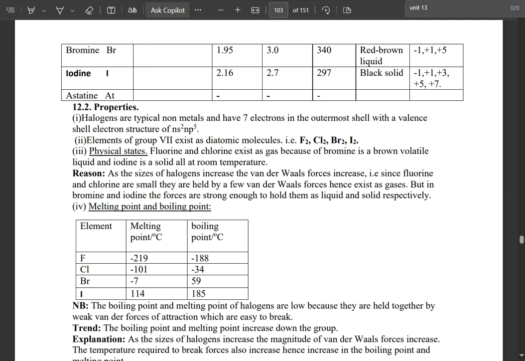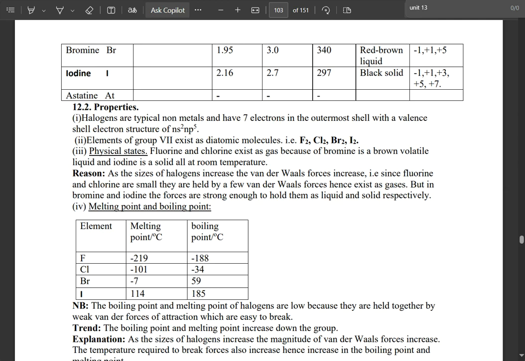Bromine is a liquid and iodine is a solid. But when you apply too much heat, iodine just sublimates. I've never seen iodine in a liquid state; it just sublimates.